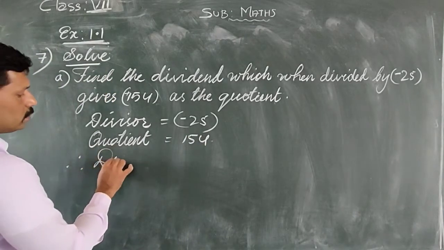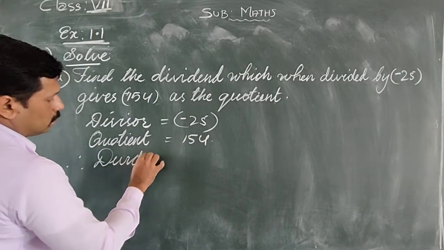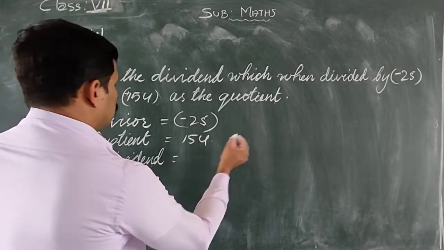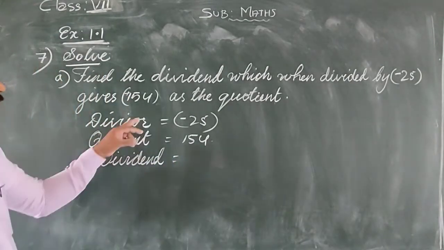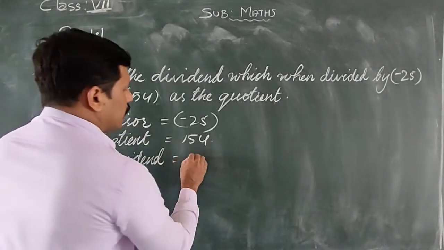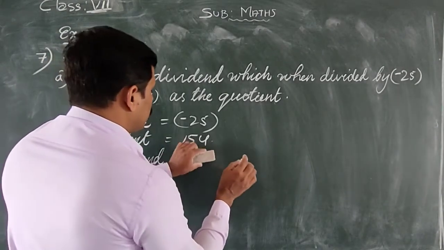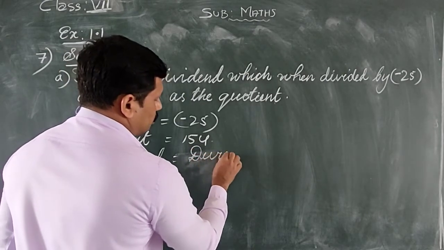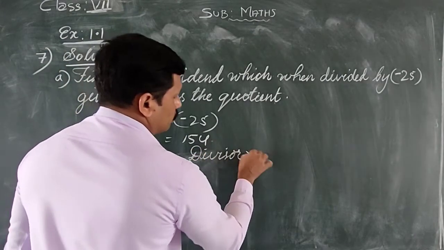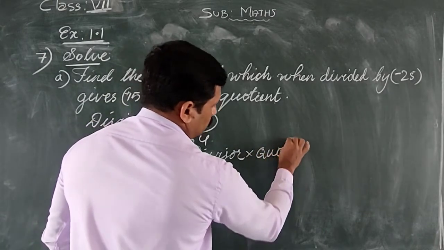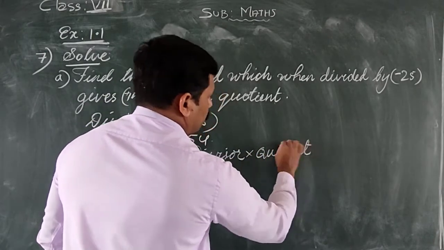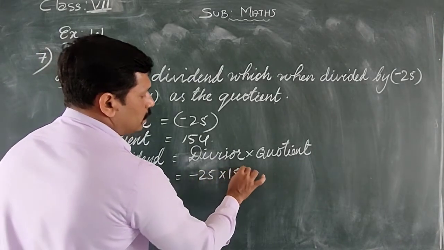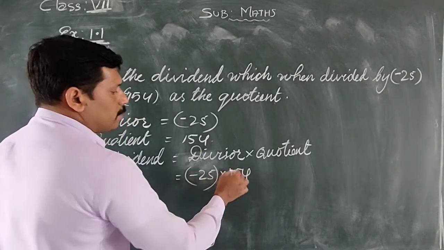Dividend is equal to divisor into quotient, that means negative 25 into 154. One is a negative number, the other is a positive number.